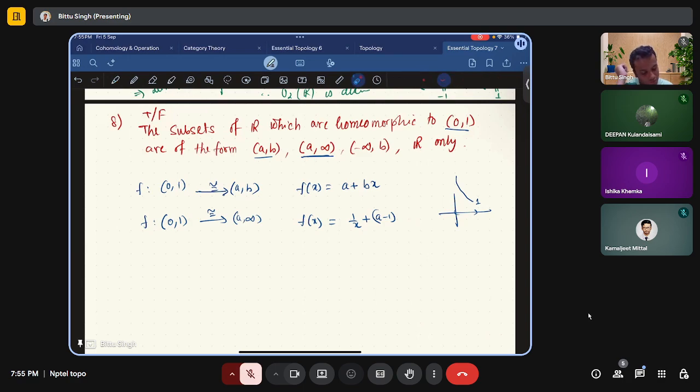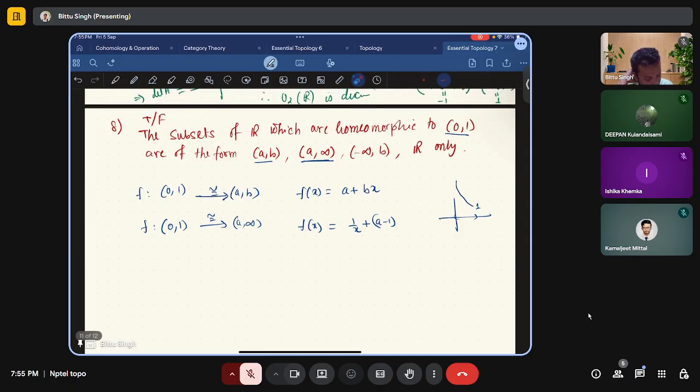If we want to start from a, then at x equal to 1, the value should be 1 plus a minus 1, which is a. Is it clear? Okay, this is a homeomorphism, you can check.